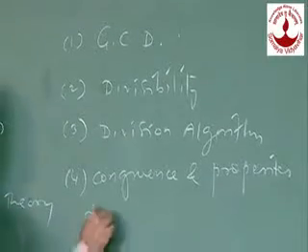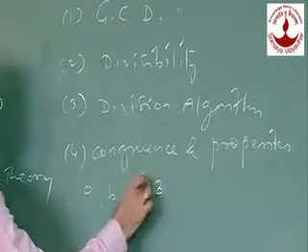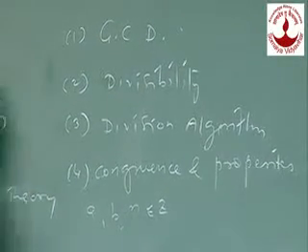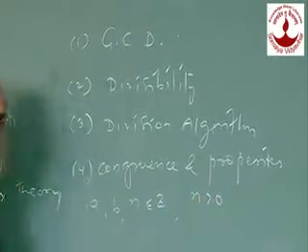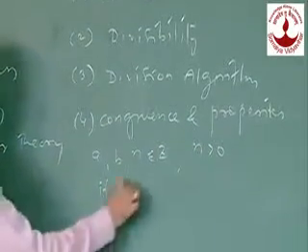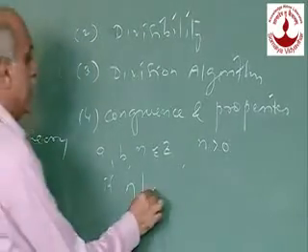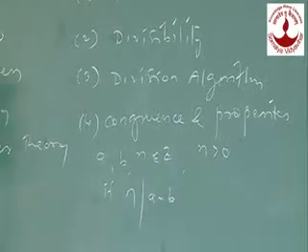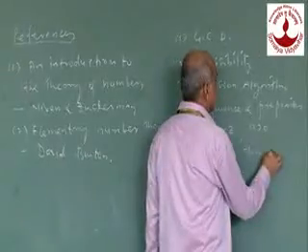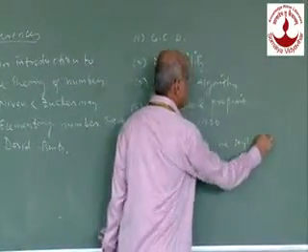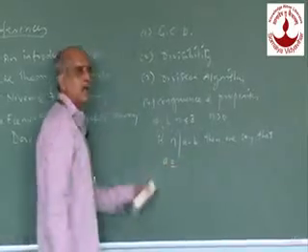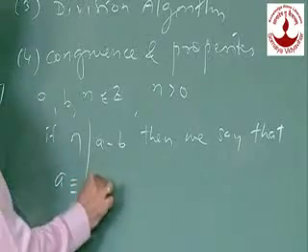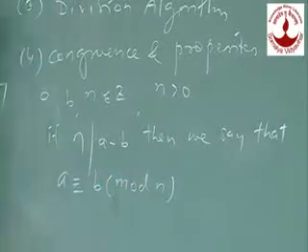So if you take 3 integers a, b and n, you are aware of the integers minus 1, 2, 3, 0 and so on, of which n is positive, and if n divides the difference a minus b, then we say that a is congruent to b modulo n.